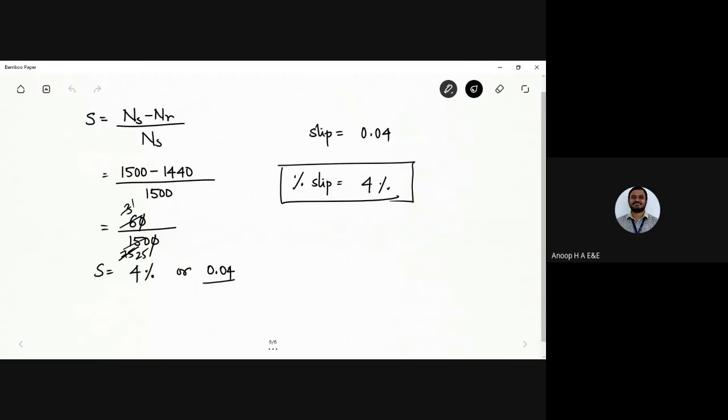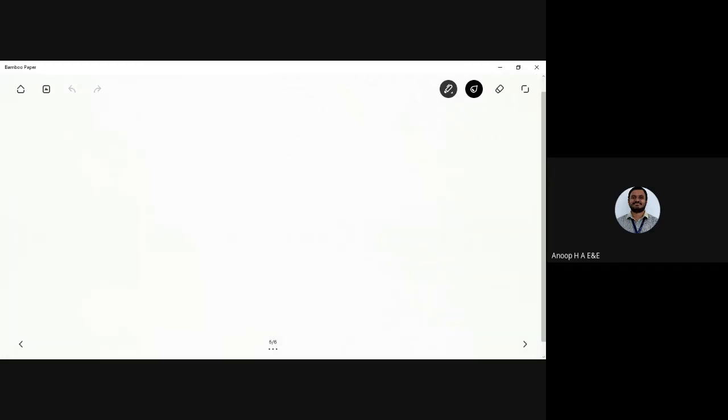It is given as the rotor frequency in the problem. It goes like this.